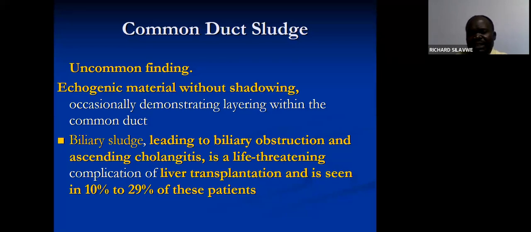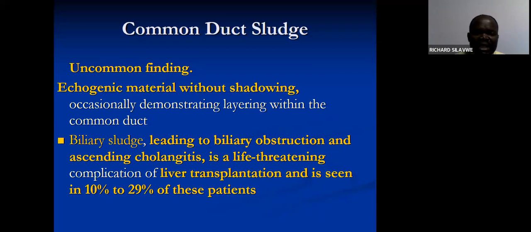So you find that in the common bile duct, something like fluid levels. So you'll be able to see echogenic regions layering down there. Then the bile will be on top of the sludge.